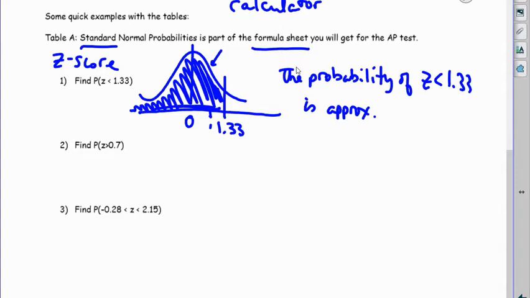Whoops, hopefully I didn't pull up my speaker here. Okay. What was that thing? It was 0.9082. Okay, let's do the next one.